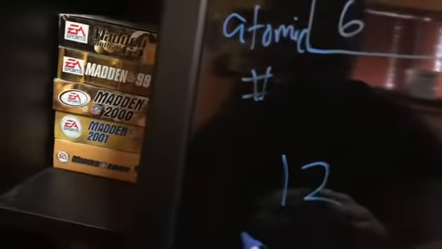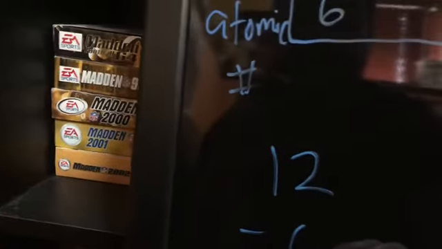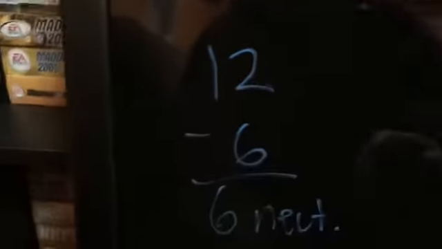So if we draw out the diagram, there's our nucleus. It has 6 protons. And then if we do some quick math here, 12 minus 6 is 6 neutrons. Now we can draw our 2 shells here. And we said that carbon will have 4 valence electrons.